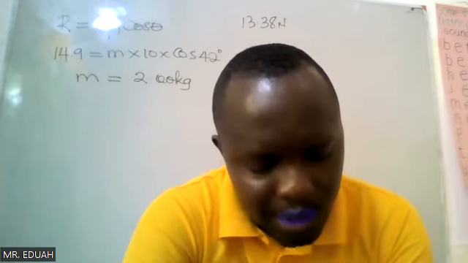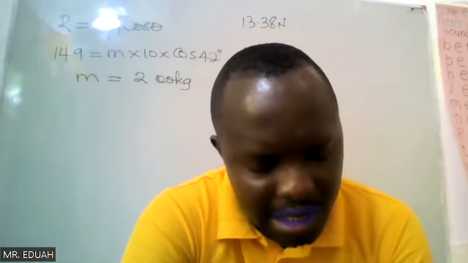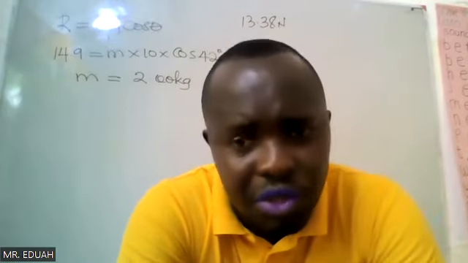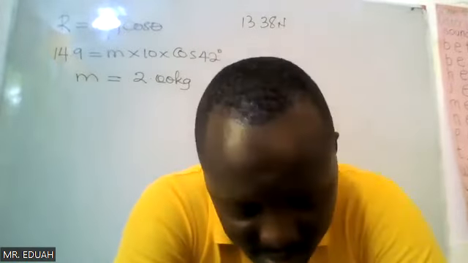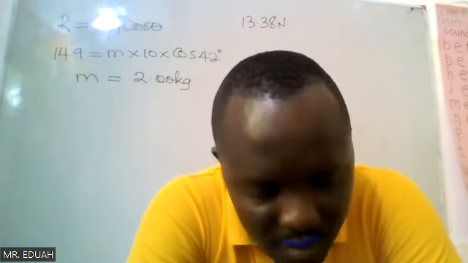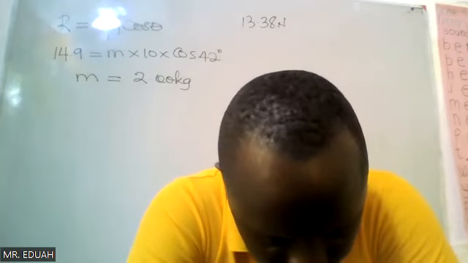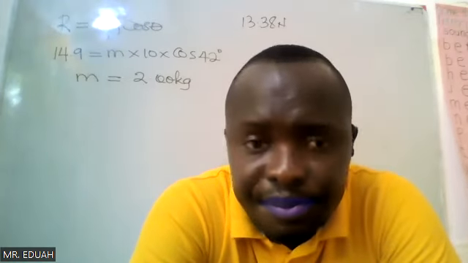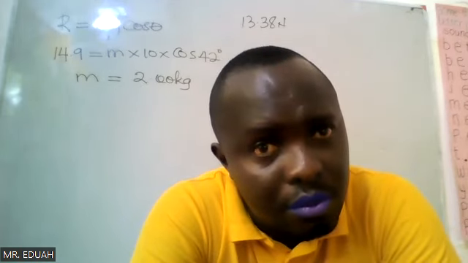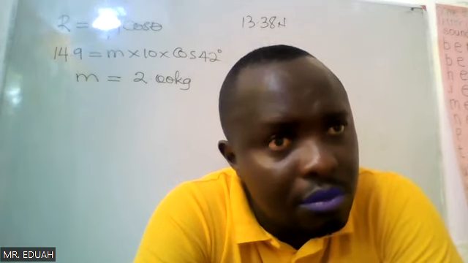That's why I did mg sine theta. Calculate the force parallel to the plane that is needed to hold the body at rest. Akuya, what did you get and how did you also solve it? 13.38. Since the natural force is mg sine theta, and for it to be at rest, there's supposed to be an opposite equal force.